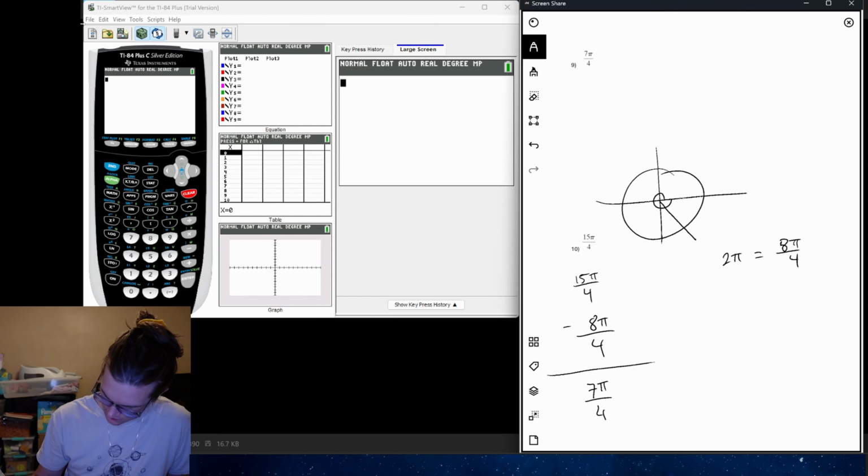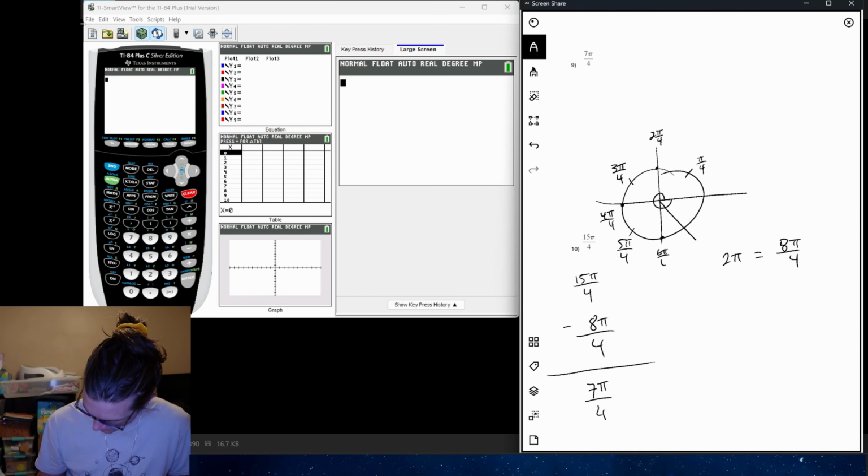But to do the systematic way of remembering, we have pi over 4, 2 pi over 4, 3 pi over 4, 4 pi over 4, 5 pi over 4, 6 pi over 4, 7 pi over 4. That tells me that we go around one more time to here. This angle is 15 pi over 4.